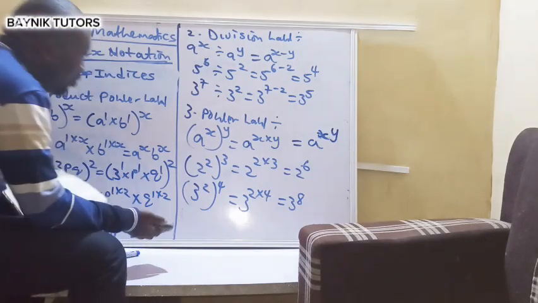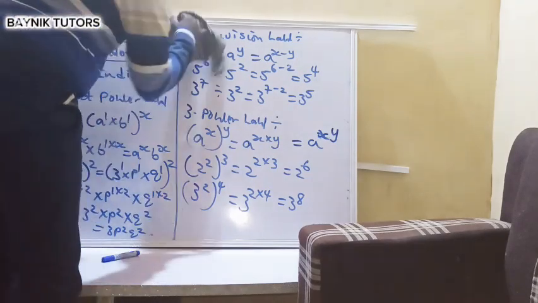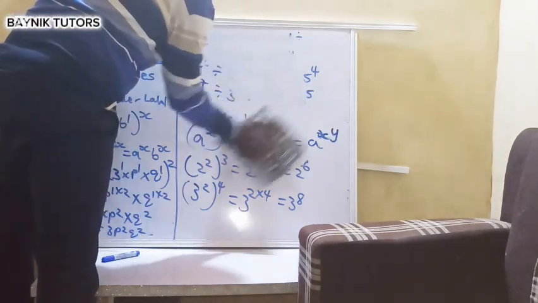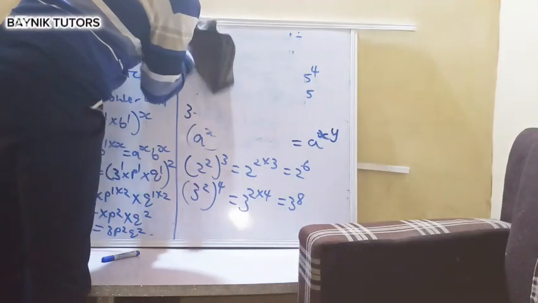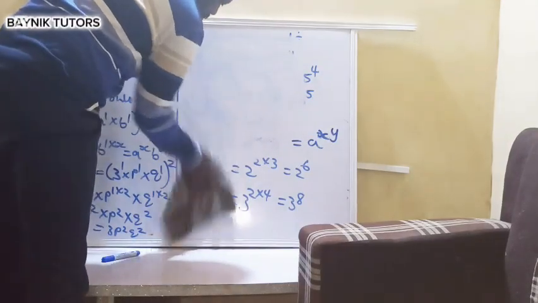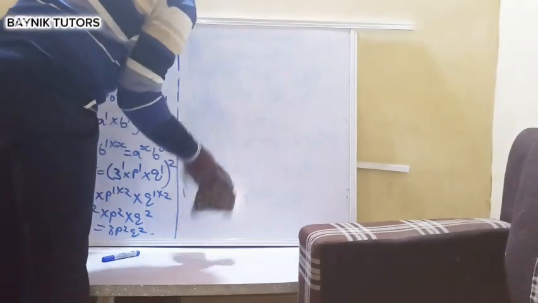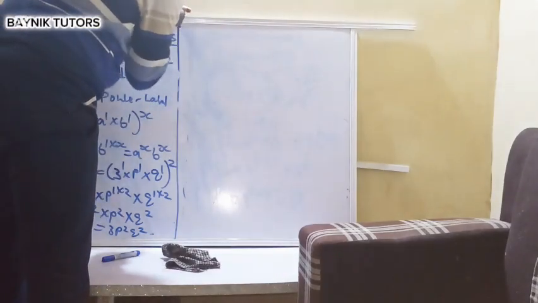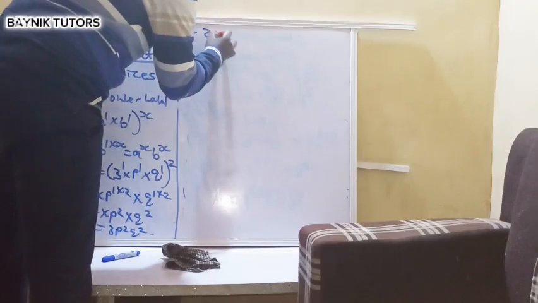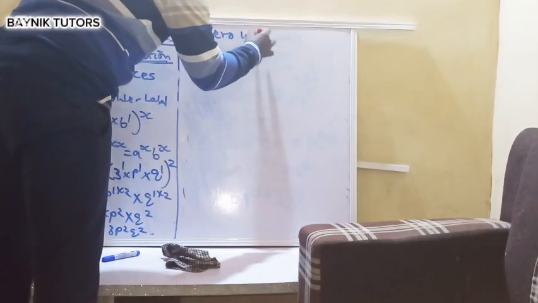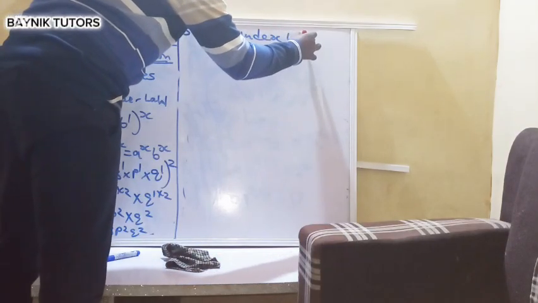So in our illustration, we'll be looking at this. Five, we have the zero index law.